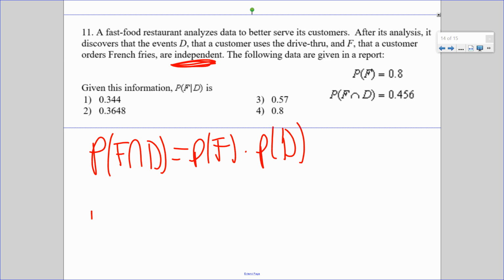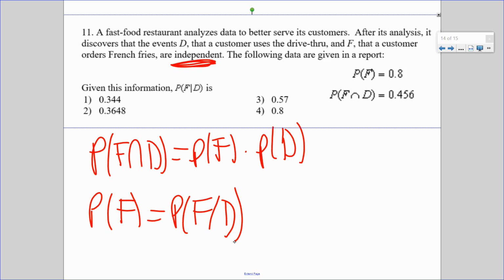I also know that P of F equals P of F slash D. If it's telling me it's independent, I know those two things are true. So if P of F is 0.8, then P of F slash D must be the same as that. So it's 0.8.